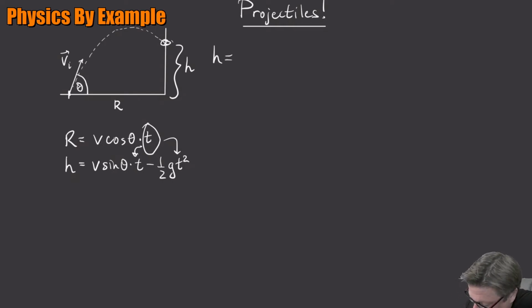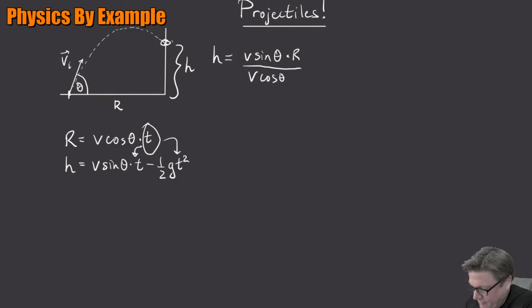H is going to be v sine theta times r over v cosine theta. All right, that's the first term. And then I'm going to have a minus 1/2 times g t squared.